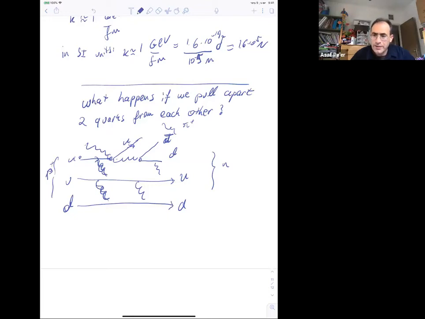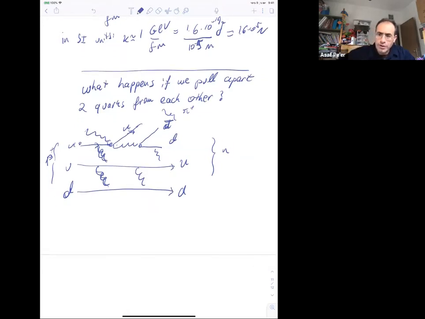You produce more and more pairs of quark-antiquark. They will be produced in the direction of the quark that is being kicked off. So in the center of mass system, you'd produce many quark-antiquark pairs, all of them having momentum in the same direction as that of the original quark.